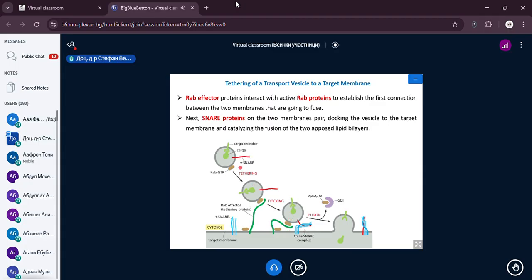And then the SNARE proteins and the SNARE regulators interact with each other to allow fusion of the membranes and delivery of what is being transported with the vesicle. And this is a very intimate and very strict process of transportation, and it is a highly regulated process.